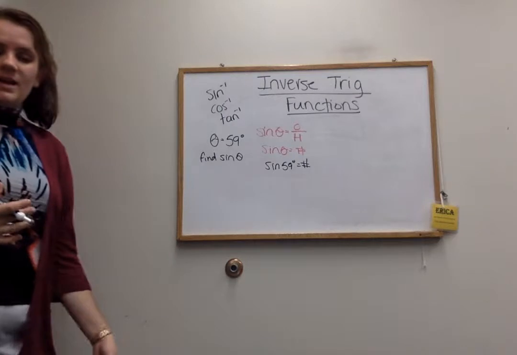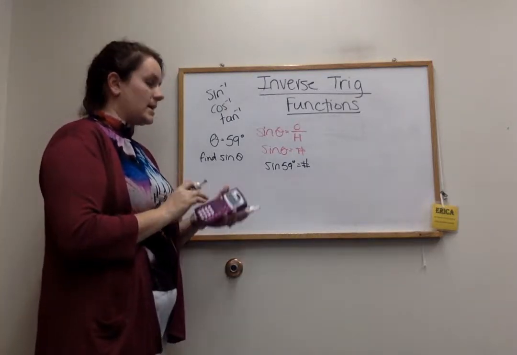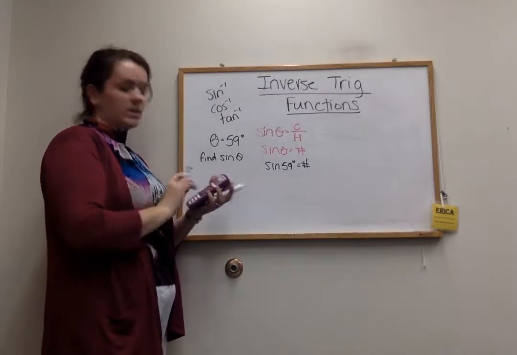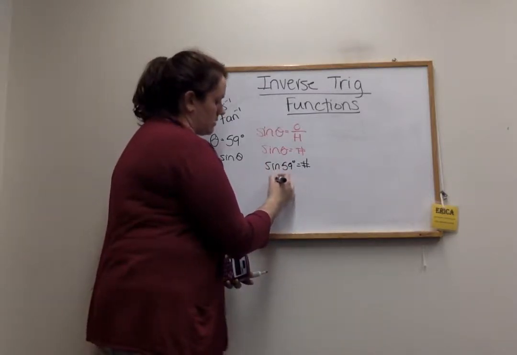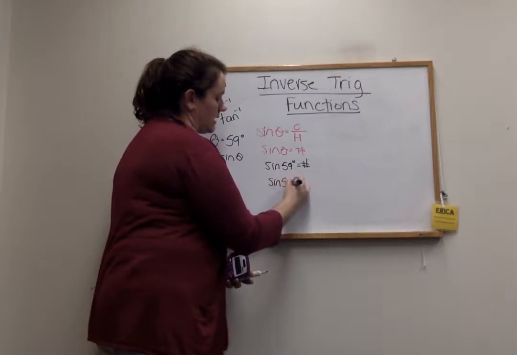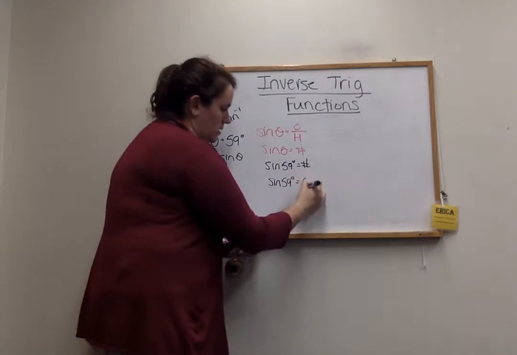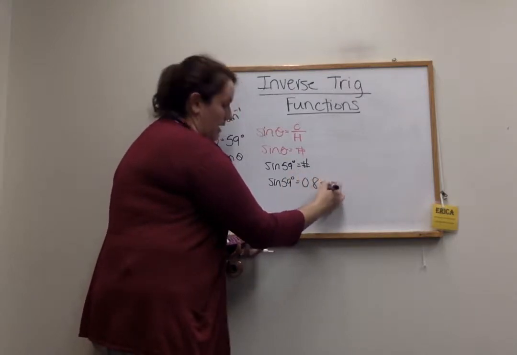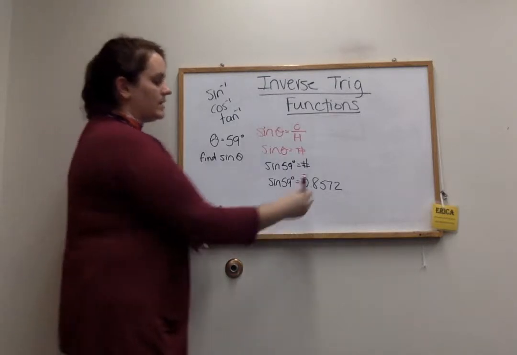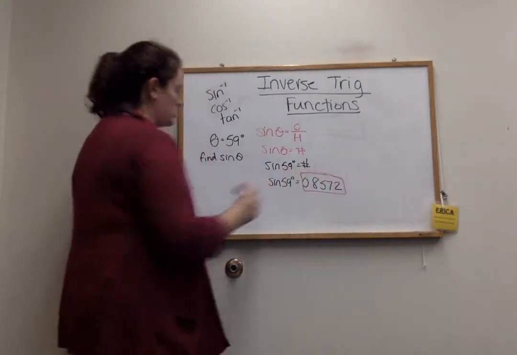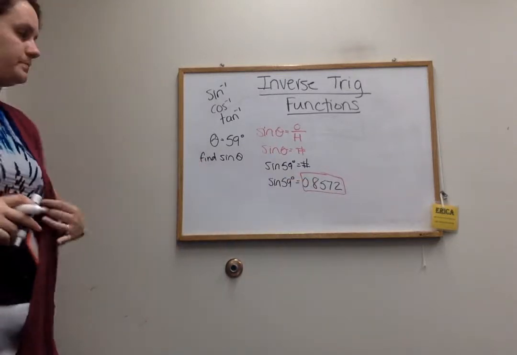And the way that we find that number is to plug it into the calculator. Okay, sine of 59, making sure you're in degree mode, tells us that the number, sine of 59, is equal to 0.8572. Okay, and this would be the answer to our question. The sine of 59 is that number.